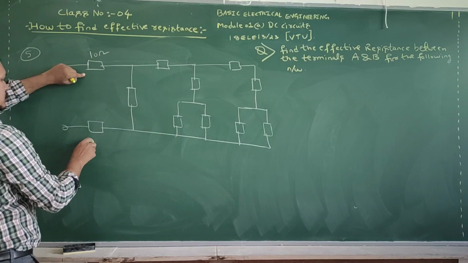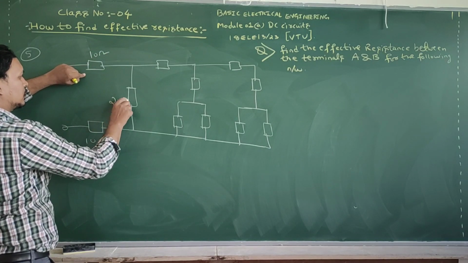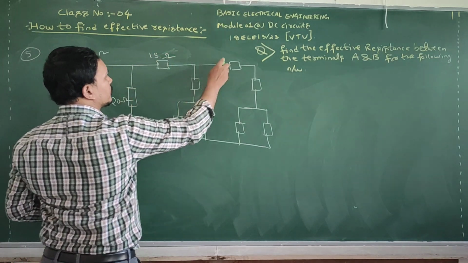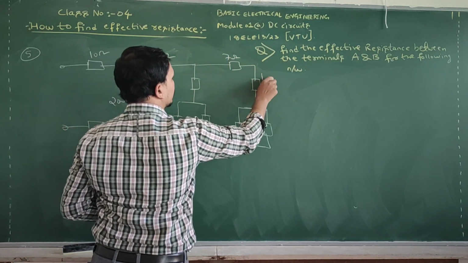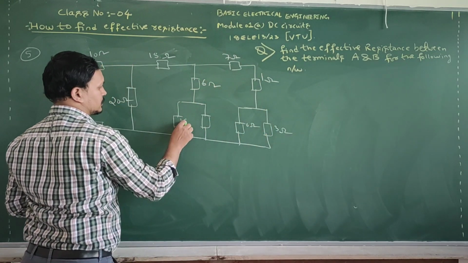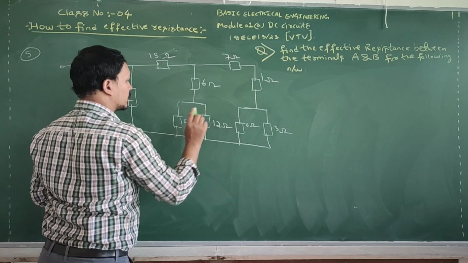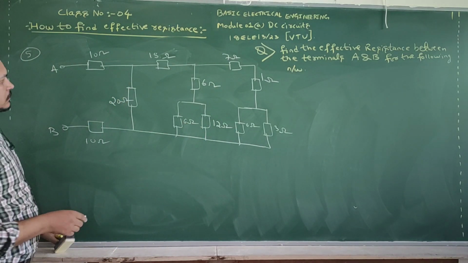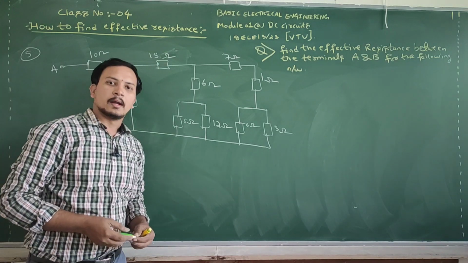Okay, 10 ohms, 20 ohms, 15 ohm, 7 ohm, 1 ohm, 6 ohm, 3 ohm, 6 ohm and 12 ohm. You need to find the effective resistance for this particular network.